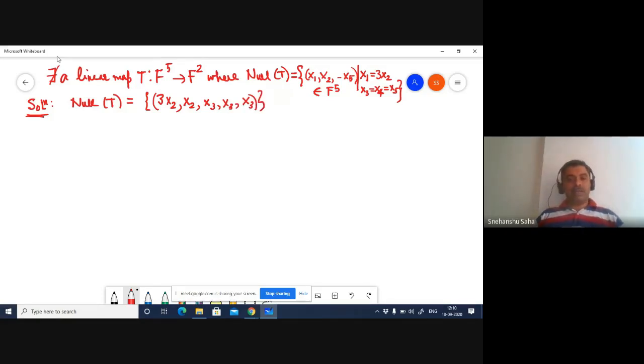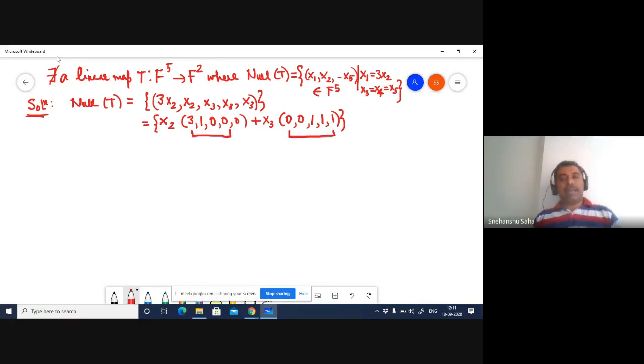Okay, so what that means is I have x2 and I have x3. These two vectors clearly span, and they are also linearly independent.